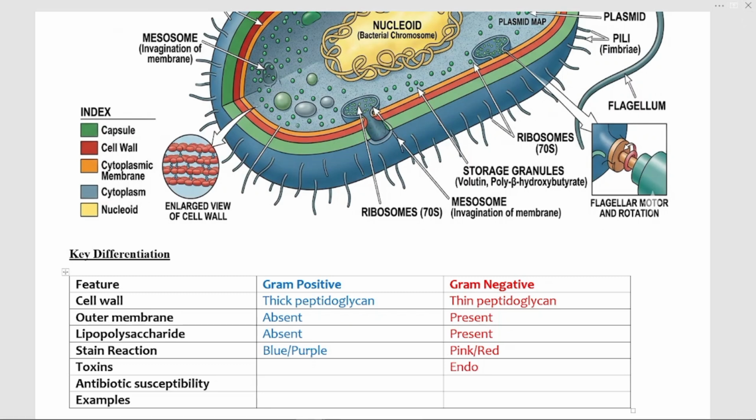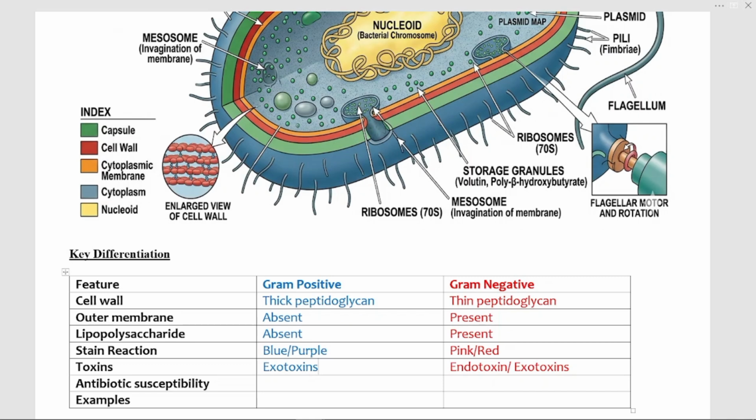Here we will see endotoxins, and they also contain exotoxins. Endotoxins and exotoxins will be found in the gram-negative, whereas gram-positive, because they lack the lipopolysaccharide on the outer membrane, only have the exotoxins.